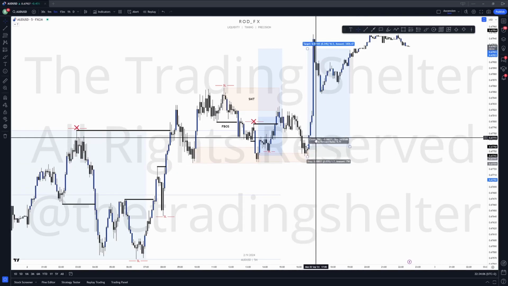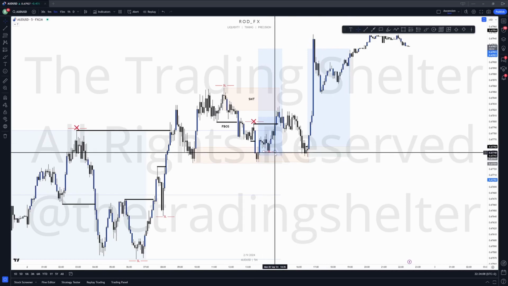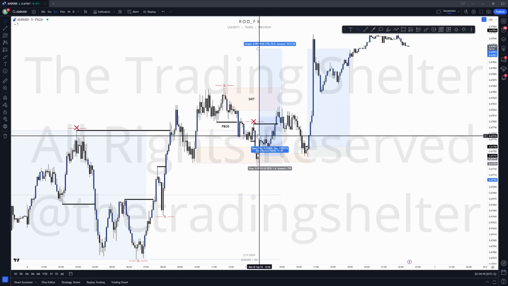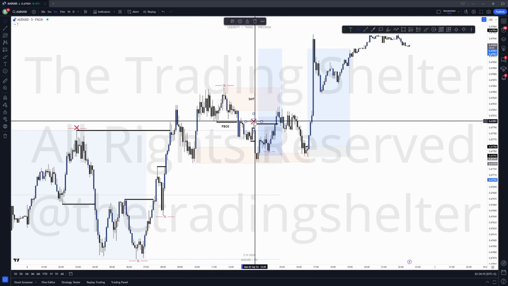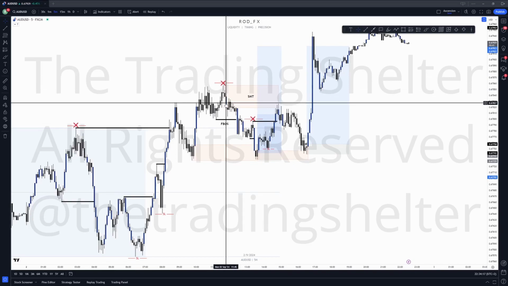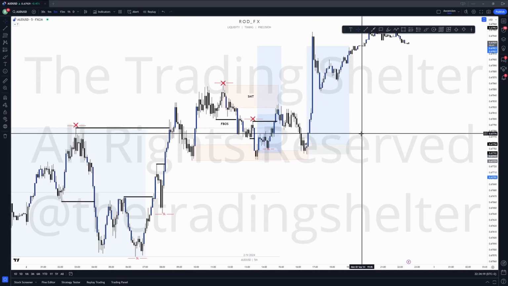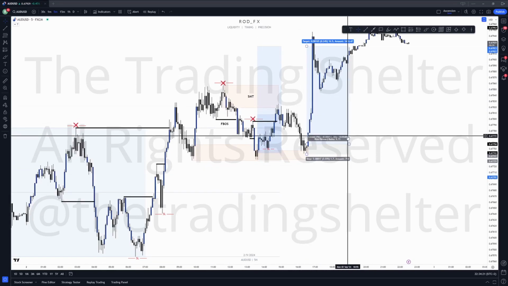The idea was still valid, and it was actually way more confirmed than what it used to be based on that SMT reaction. So then we came back, we took this stop loss here, and price literally, look how perfect.